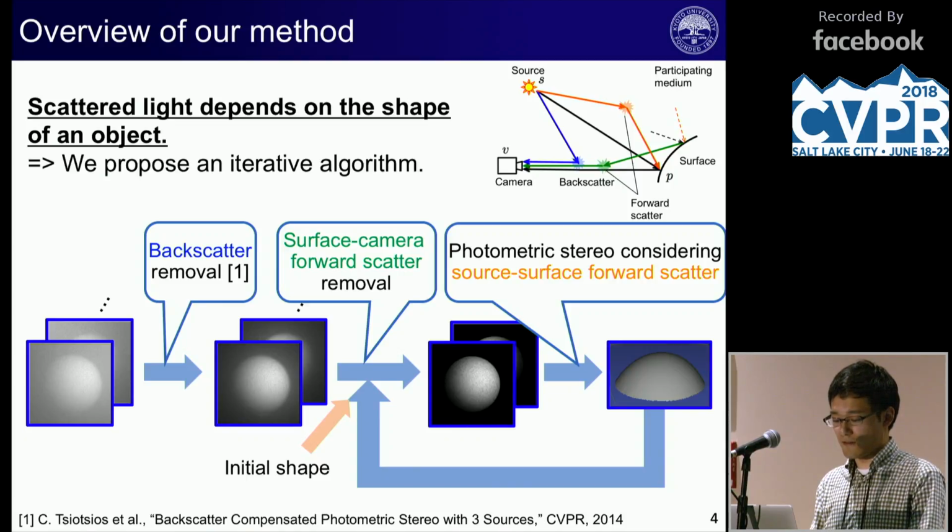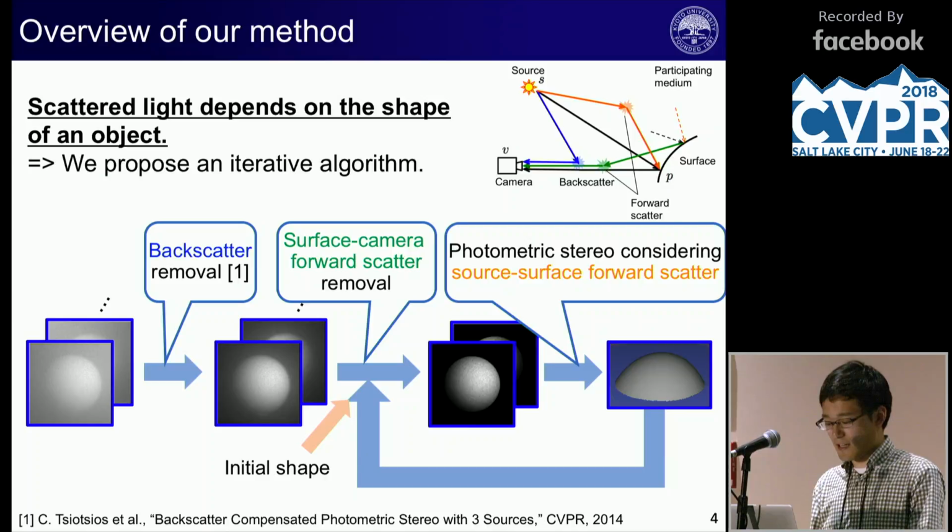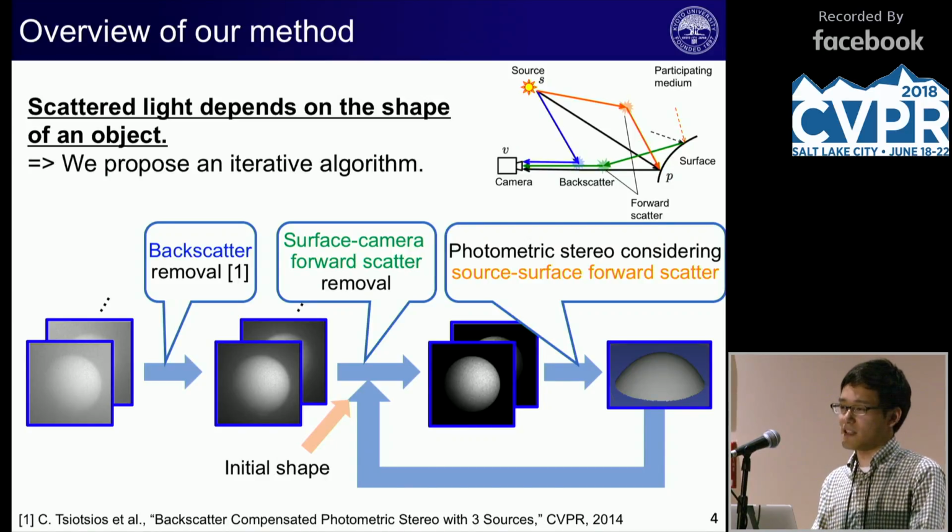Then we initialize the shape, and we compute the surface camera forward scatter and remove it. After that, we use photometric stereo, considering source surface forward scatter to reconstruct the surface normals. After that, we update the shape and repeat these steps to refine the shape.